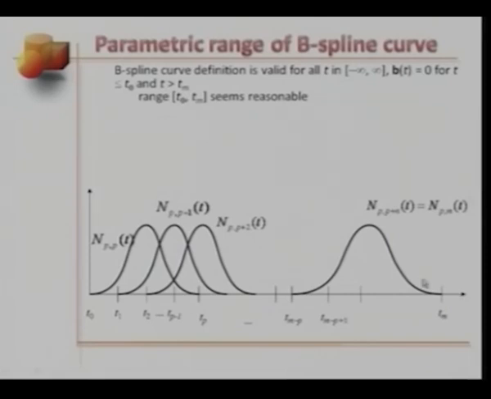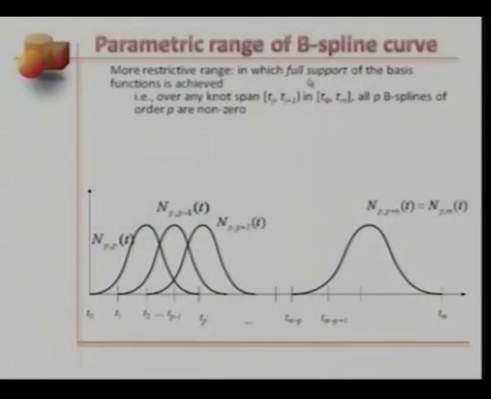And so, the range of t in between the values t0 and tm seems reasonable. Let's look at a slightly more restrictive range. That would be the one in which full support of the basis functions is achieved. Now, what do I mean by full support?